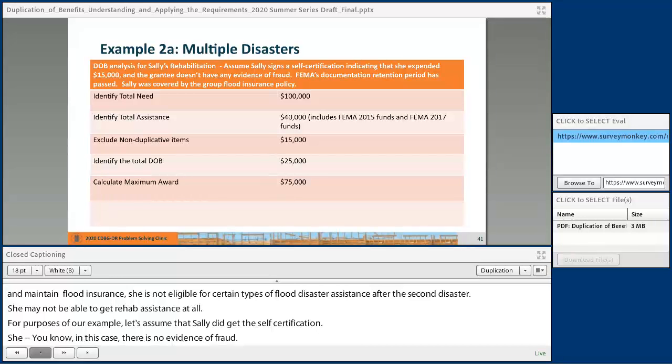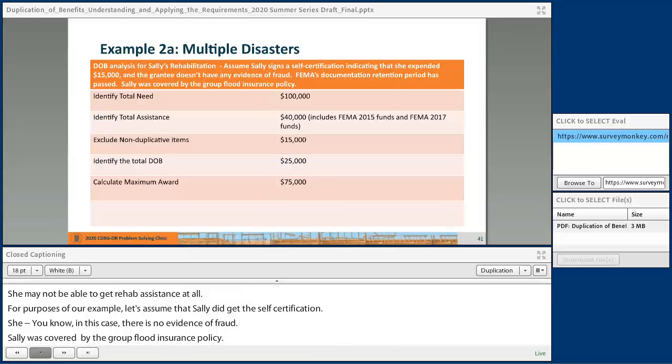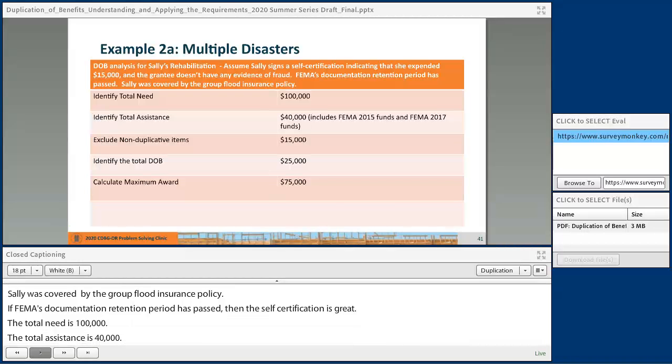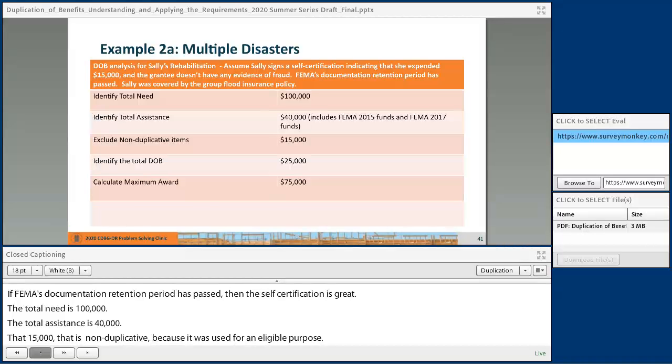That $15,000, which Sally is documented with a self-certification, that is non-duplicative because it was used for an eligible purpose. And the total DOB, which is $40,000 minus $15,000, is $25,000. And the maximum award, which is the total need, $100,000, minus the total DOB, $25,000, is $75,000.